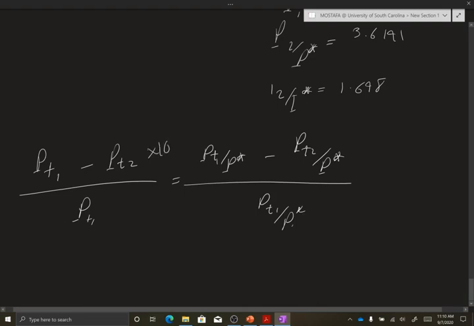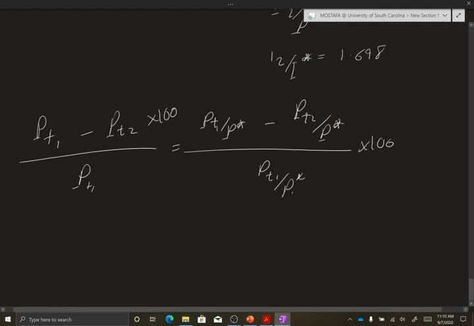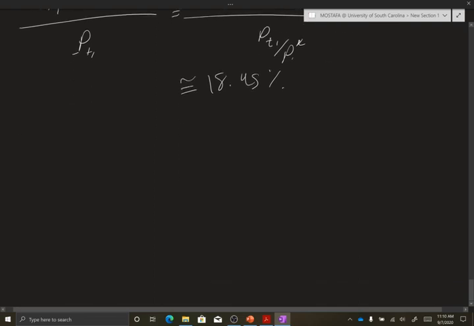And to find the percentage, we have to multiply this by 100 as well. So plug the values in. We have all the ratios. You just need to plug the values, and your total pressure loss is going to be roughly 18.45%. Okay.